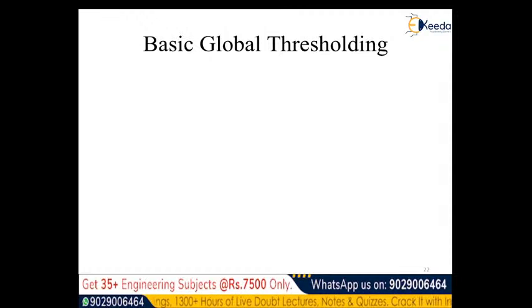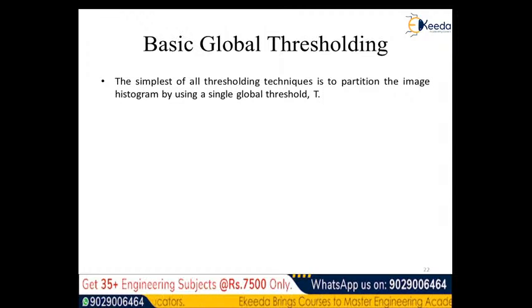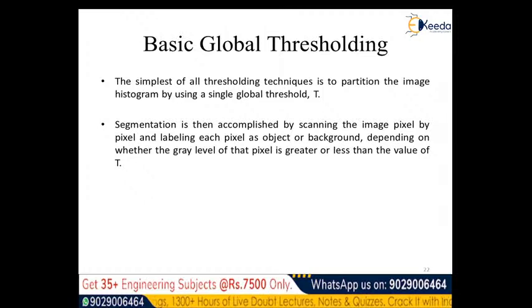Basic global thresholding is the simplest of all the thresholding techniques, and it partitions the image histogram by using a single global threshold that we have denoted by capital T. Segmentation is then accomplished by scanning the image pixel by pixel and labeling each pixel as object or background, depending on whether the gray level of that pixel is greater or less than the threshold value, the cutoff value denoted by capital T. The success of this global thresholding methodology depends entirely on how well the histogram can be partitioned.